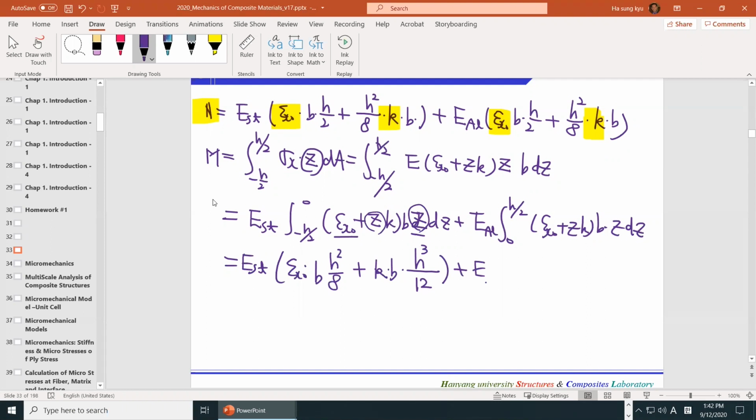And plus aluminum, and the epsilon x0, no, not plus, we have a b, we have H square over 8, plus k and b, and the same.